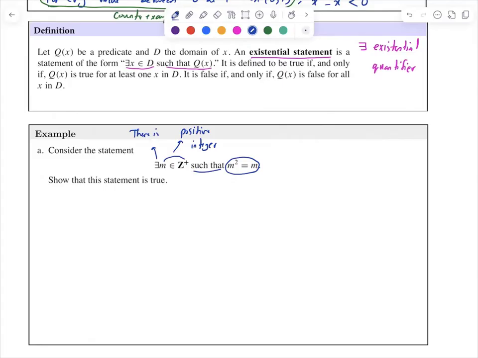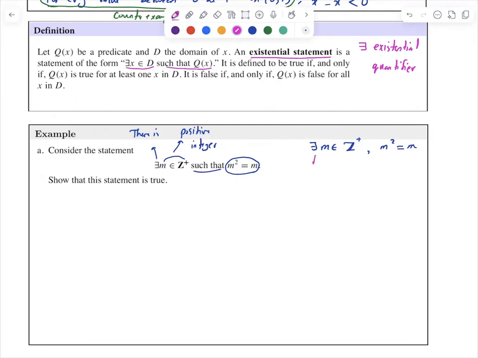Is this a true statement? So remember that this is an existential statement. There exists m in domain D, which is positive integers, such that m squared is equal to m.